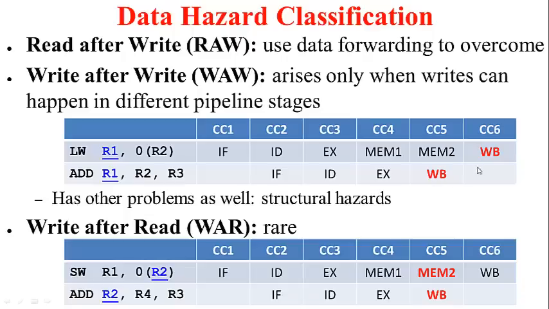If this happens, we see that there is a write after write hazard. That is, the wrong value gets written onto R1 in normal execution of the pipeline. The value which gets written onto R1 will be that produced by this load word. However, what the programmer intended was the result of this addition. This kind of an out of order write is called a write after write hazard.